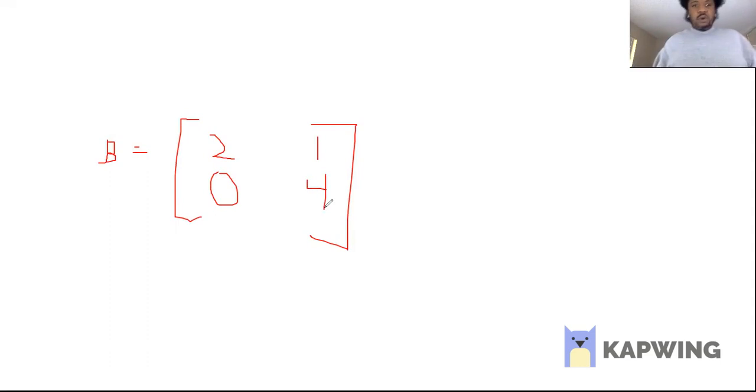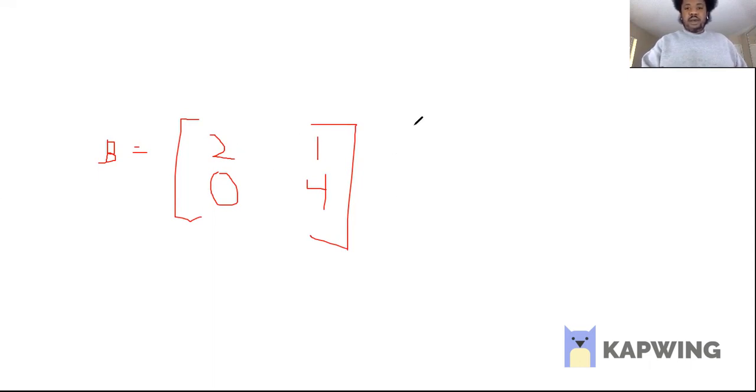So when we talk about a matrix, they have different sizes. The size of this matrix would be a 2 by 2 because we have 2 rows and 2 columns.